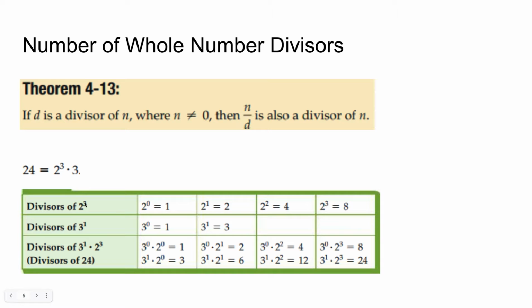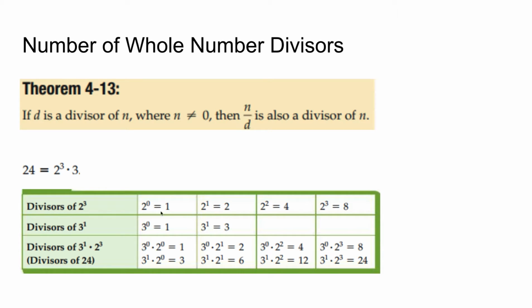When you have a 2 cubed power, you have 4 factors, right? And then you're going to think about the actual number, divisors of 3 times 2 cubed or 2 cubed times 3. You can just combine these numbers in different combinations.